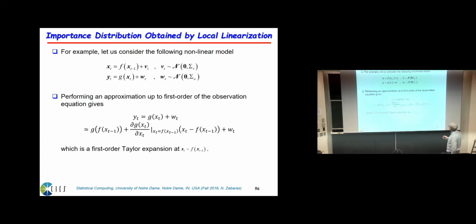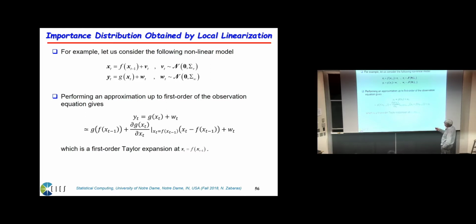So I want you to look at the approximation of the observation model and tell me if this equation makes sense. We do a Taylor series expansion around the state xt computed using the previous state. Can you see this?